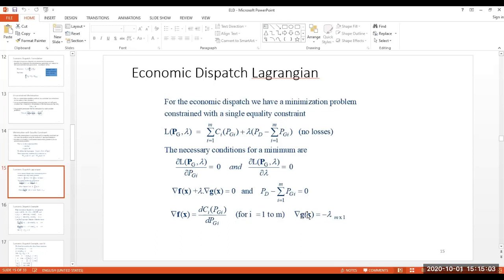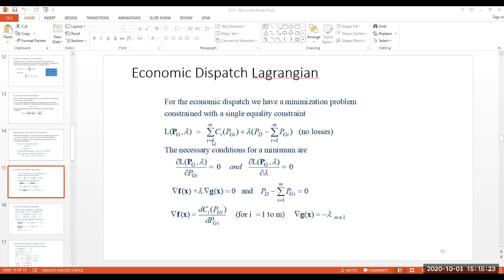And this del g of x would simply give you back the lambdas. If you take the partial derivative of this expression, that means if you are going to calculate this part, the L_PG of lambda, where is the lambda appearing? Only here.